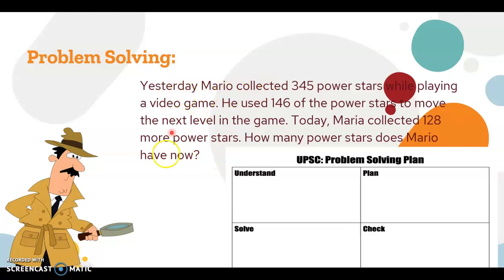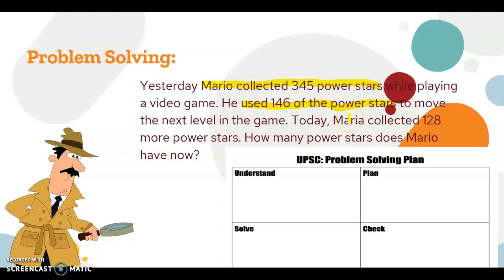So we know that Mario started with 345 power stars. And then he used some to move to the next level.